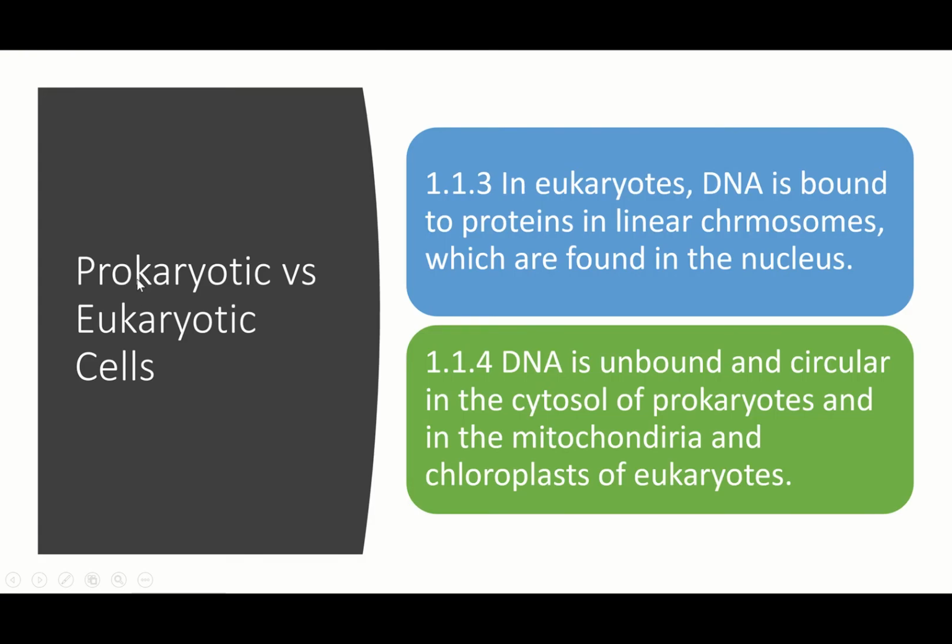Next, we go to prokaryotic and eukaryotic cells. In eukaryotes, DNA is bound to proteins in linear chromosomes, which are found in the nucleus. An important thing to know is linear chromosomes are the X-shaped chromosomes you see in mitosis. They're the X-shaped ones, and they're really, really condensed.